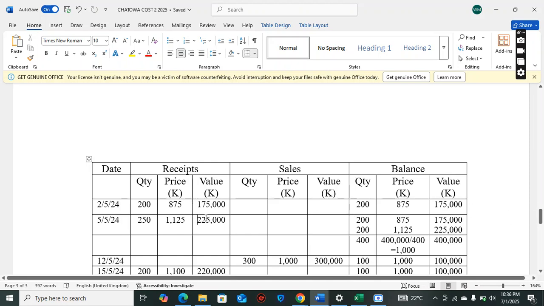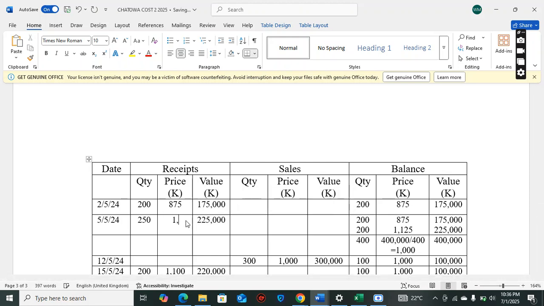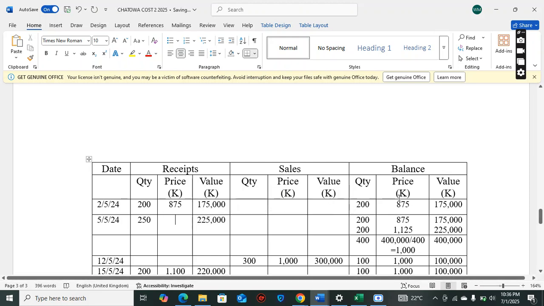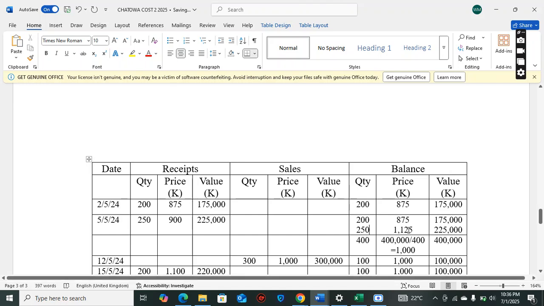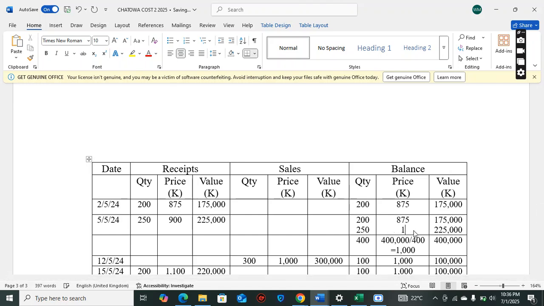So 225,000 divided by 250. So here 250, 900.